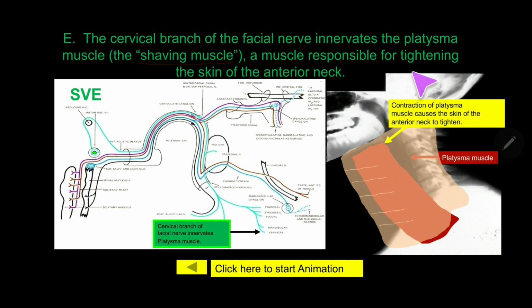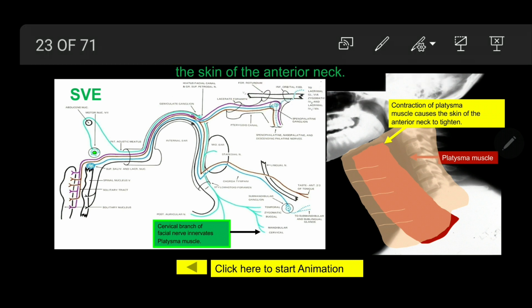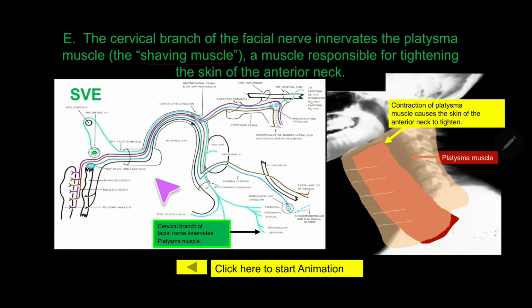It is responsible for tightening of the skin of the anterior neck. Okay, so look at its animation now, how it clears off these folds of the skin. This is how the impulse travels along the facial nerve, and there it goes and clears off these creases on the front of the neck. Got it? Okay.